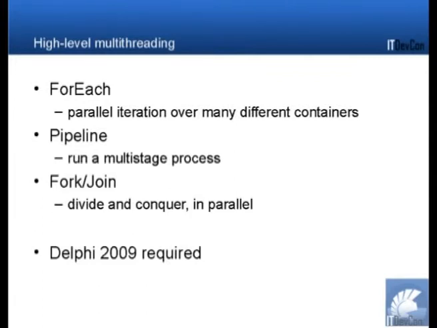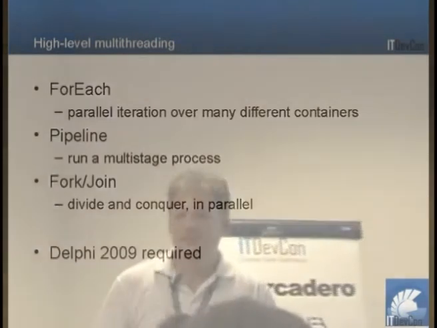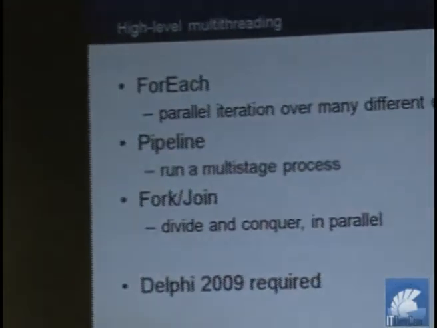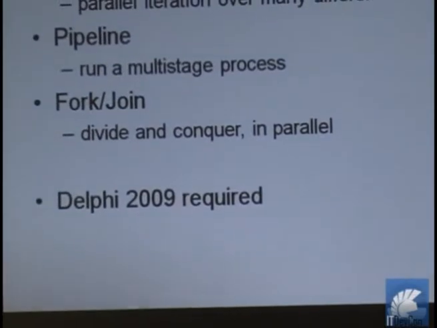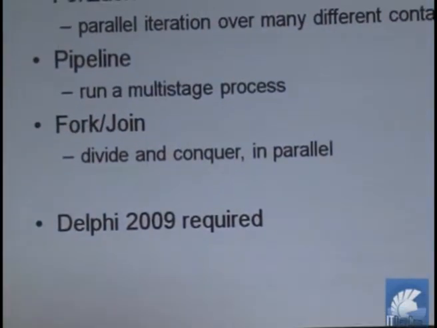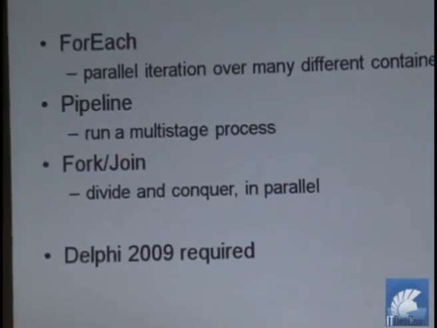Those are the algorithms when you say, okay, I will split this in two parts, calculate both, and then merge results back. And for, I said, OmniThreadLibrary works on Delphi 2007, but all this high-level stuff requires Delphi 2009 because it's based on generics, it's based on anonymous methods, and these are simply not available in 2007.